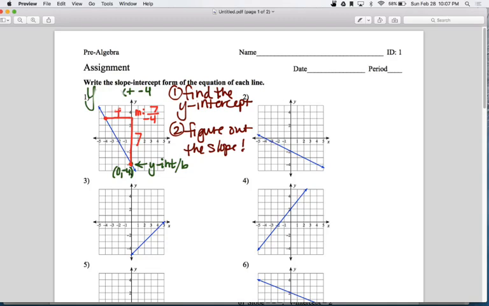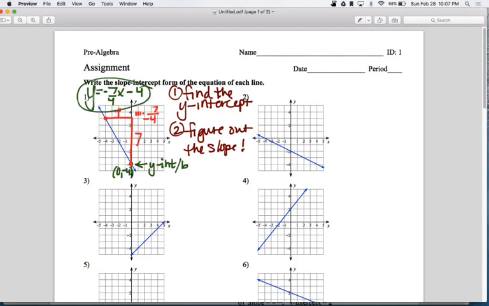So for my equation, I get y equals -7/4 x plus -4. Now we don't want to write it with a plus -4, so I'm going to rewrite that as y equals -7/4 x minus 4.